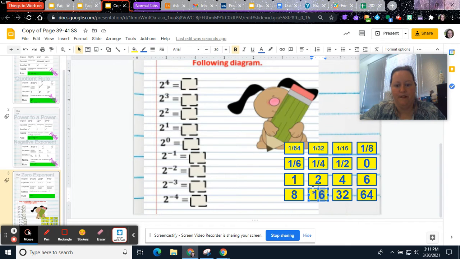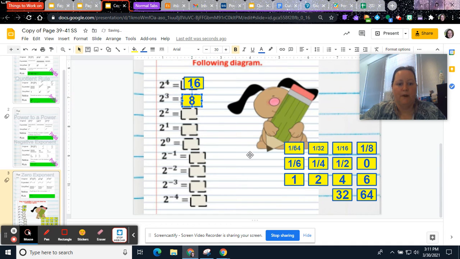And then 2 to the 3rd power, 2 times 2 is 4, times 2 is 8. 2 squared, 2 times 2 is 4. 2 to the 1st power is 2. 2 to the 0 power, anything to the 0 power is going to equal 1.